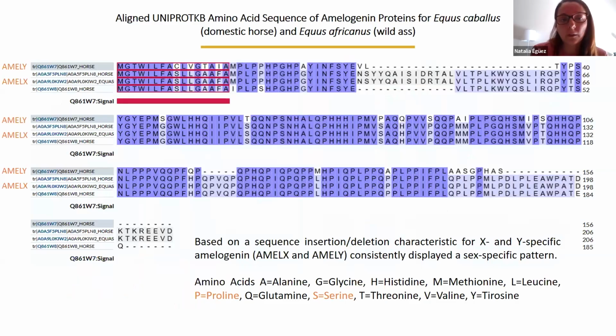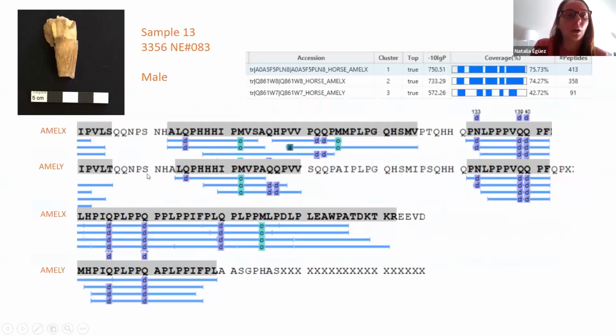So how does this amelogenin work? Here what we have is the sequences that are in the databases, in the UniProt database. So what we usually do is we check for the differences in these changes in the amino acids. And these are the proteins that are sequenced. We have the males and the females, and then we check with our samples, right?